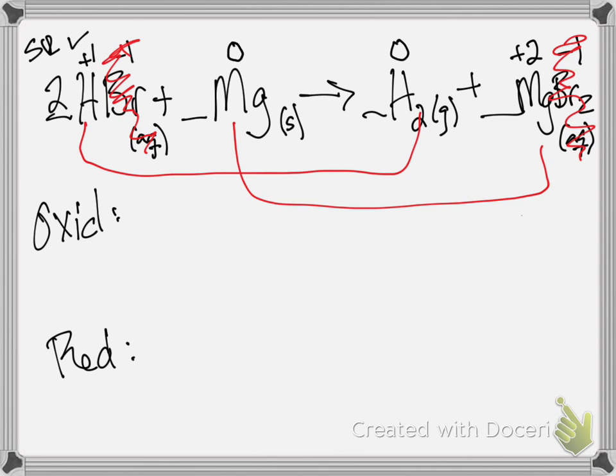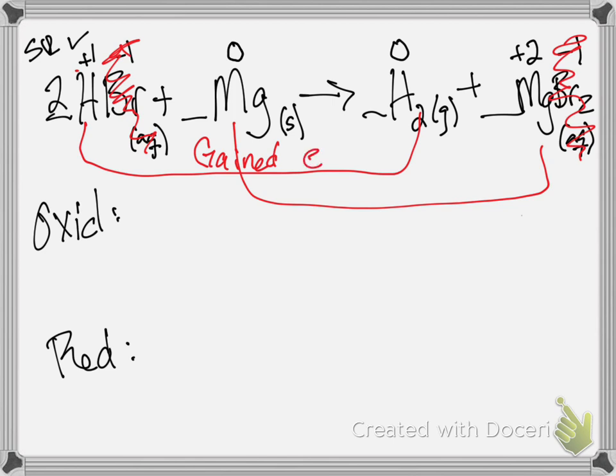So hydrogen goes from a +1 to a 0. Did it become more positive or more negative? More negative. So to become more negative, what did it have to do? It had to gain electrons, gain negative things to become more negative, right? Does that make sense? If it gains negative things, it becomes more negative, right? So hydrogen gained how many electrons to go from +1 to 0?